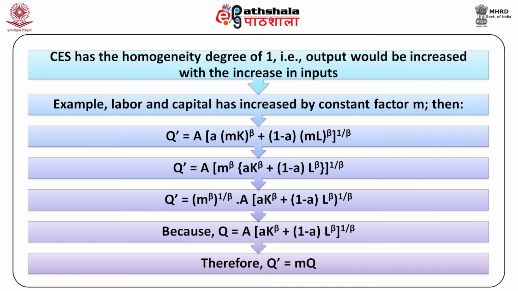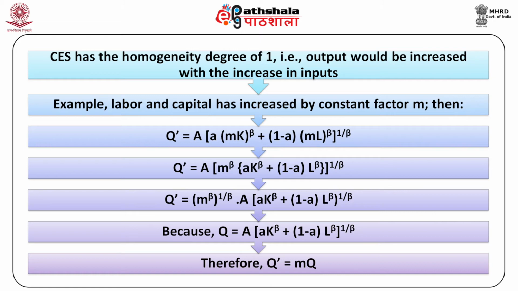Q dash is equal to A [m to the power beta][a K to the power beta plus (1 minus a) into L to the power beta] to the power 1 by beta.